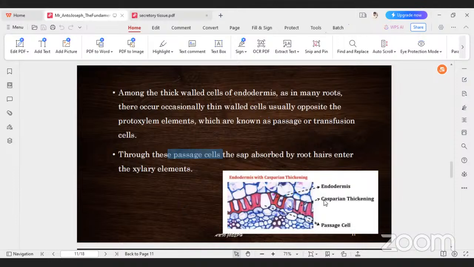Here, what happened? For example, here, these endodermis cells. It is thin-walled.